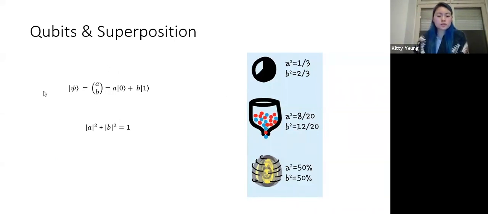So here we are seeing one qubit that is 0 or 1 being in superposition with an amplitude A and B. The amplitude here has a significance that when you have a square of the amplitude, it means the probability of that incidence. 0, for example, A square means how much of 0, the probability of that state being in your system.